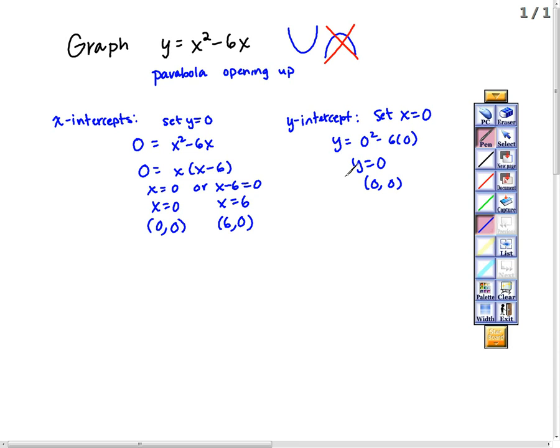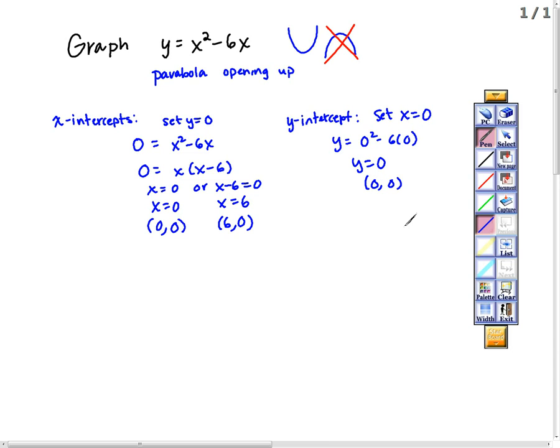Do you notice anything? The point (0, 0) is both an x-intercept and a y-intercept. Should it be? Actually, it should be. Anytime you have the point (0, 0) as an x-intercept, it will also be a y-intercept, because (0, 0) is the point where the x-axis crosses the y-axis.